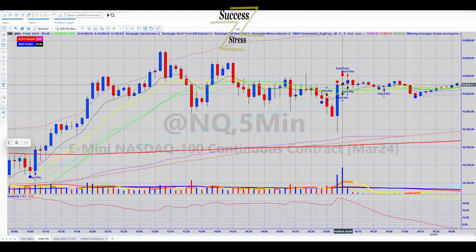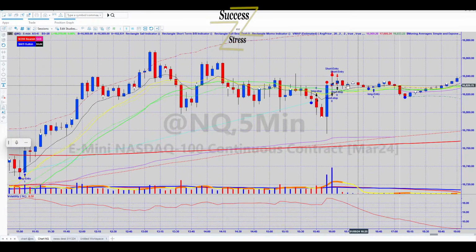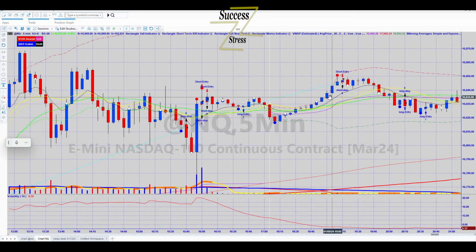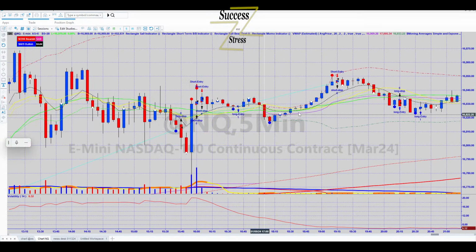And then I guess it exited at the close. And then here, long entry, went up to here and exited. The short again entered, the signal here entered here, but then stopped out same bar.